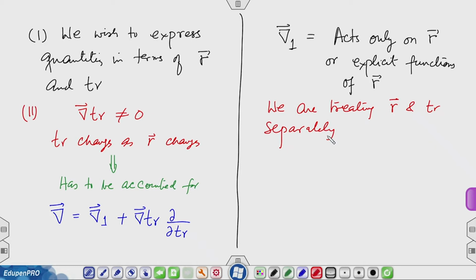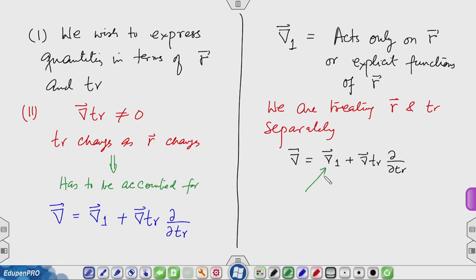So, there is an explicit dependence on R and there is a dependence on R through TR, but that dependence on R through TR is being taken care of by the second term in the derivative. So, again let me write, because this is a subtle point, grad equals grad 1 plus grad TR d by dTR.